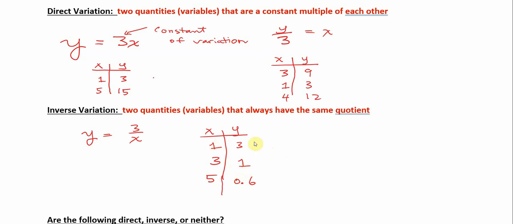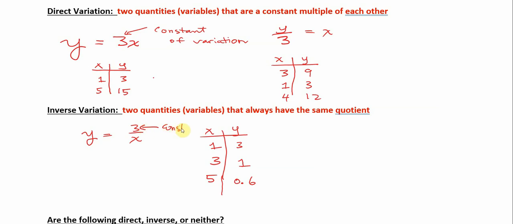If you multiply across, 1 times 3, 3 times 1, 5 times 0.6, you would always get the same number. We'll get to that numerical example in a little more detail later. And again, this is still called the constant of variation.